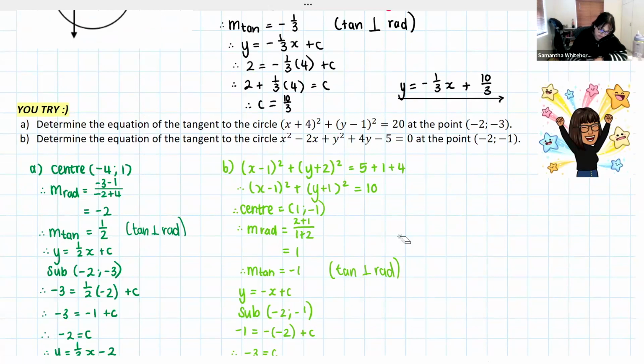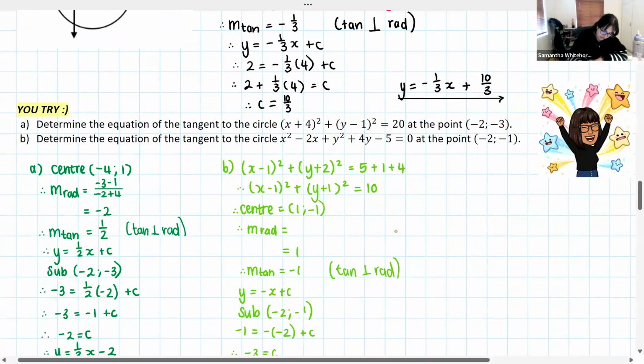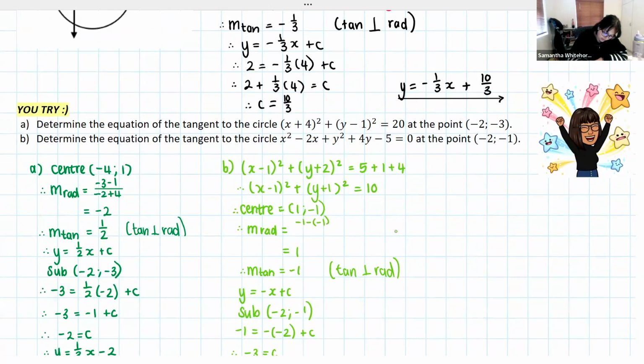So when we want the center, let's just fix that. It would be -1 minus -1. And so just tell me if you disagree with anything I'm doing right now, okay? -1 minus -2, but the numerator is 0, so that would be 0.